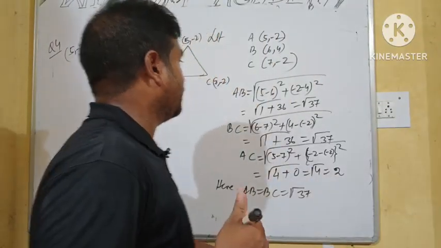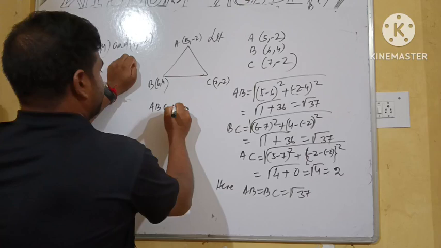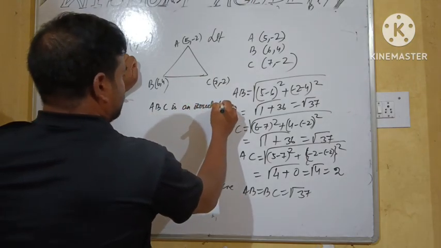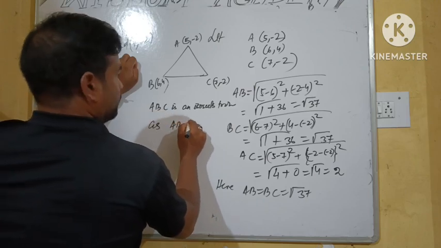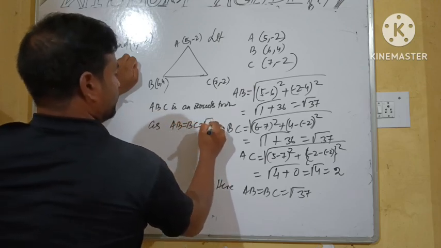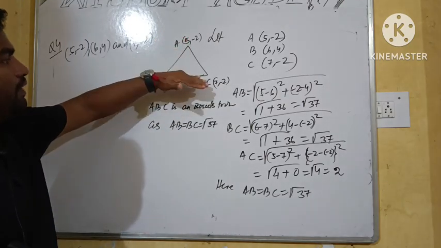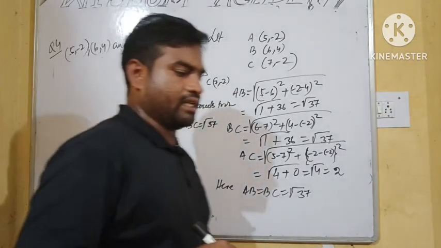So now ABC is an isosceles triangle. Why? As AB is equal to BC, which is square root of 37. AB and BC are equal in length. So ABC is an isosceles triangle.